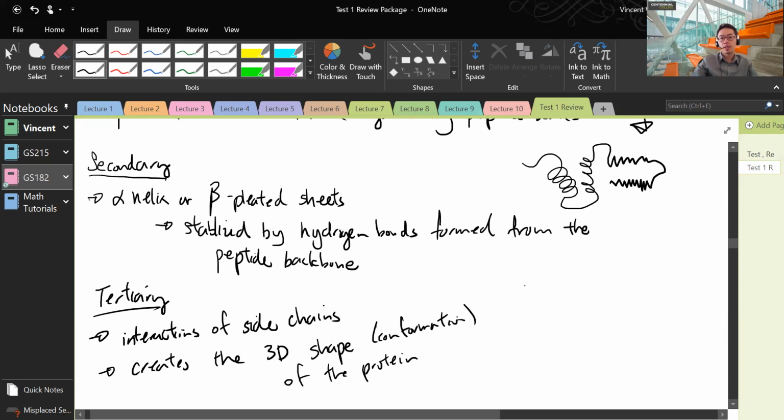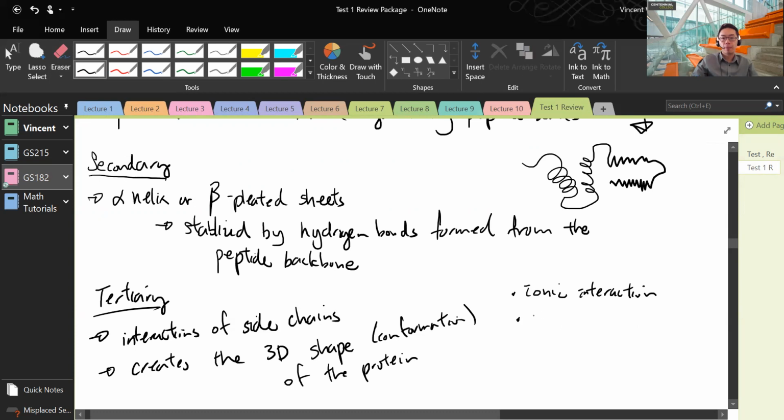Okay, so what holds them together? There's ionic interaction, right? Let's say you have a side chain with a Na plus or something, and then there's something Cl minus, and then they could form an ionic interaction, right? Okay.